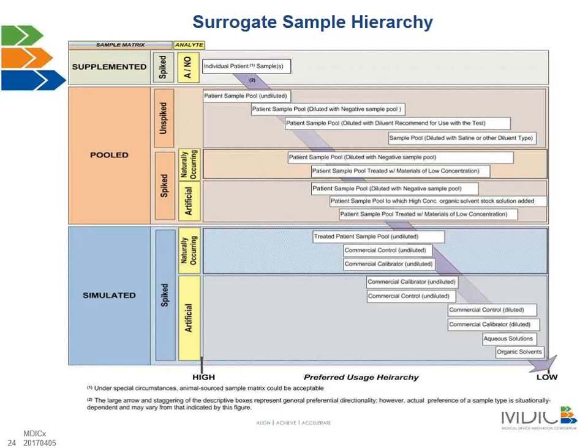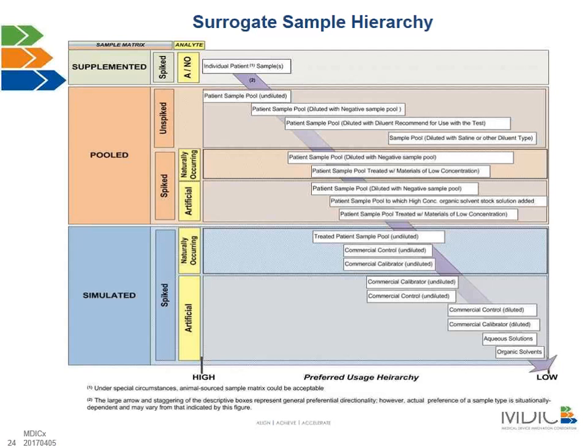We have expanded on this concept in the framework to create a general hierarchy or approach which can be tailored by study type and individual situations. The hierarchy not only stratifies surrogate samples across the three main categories, but also within each category. So as you move down within a particular category type, you will see a priority or a preference listing of selection of surrogate samples.